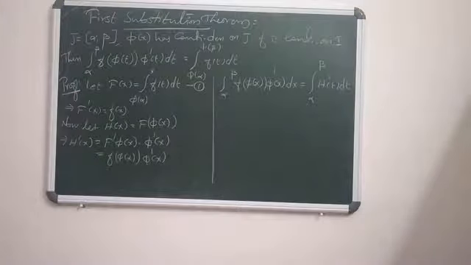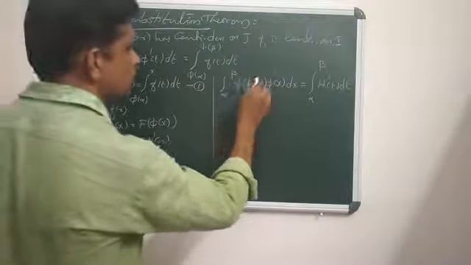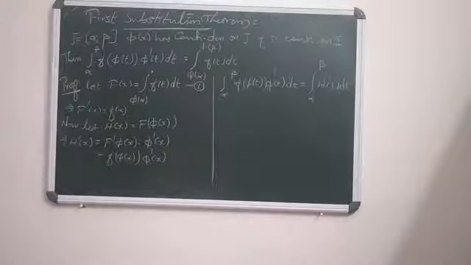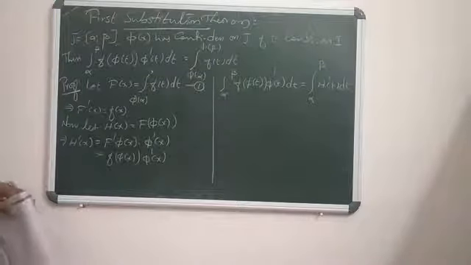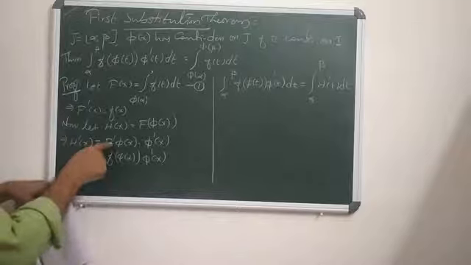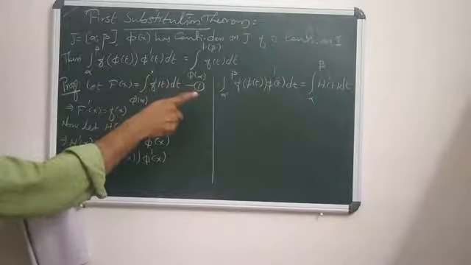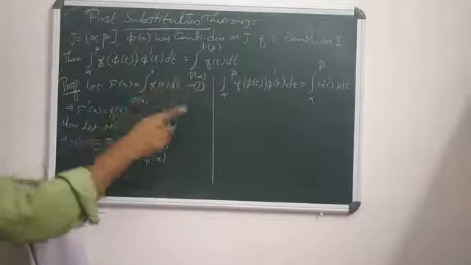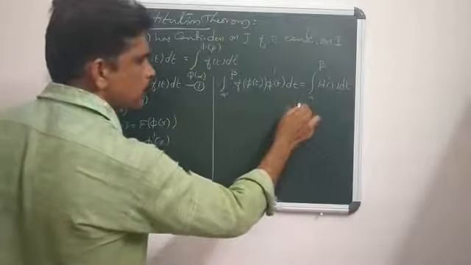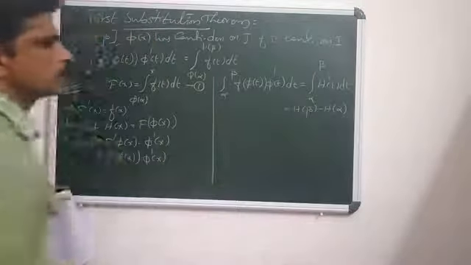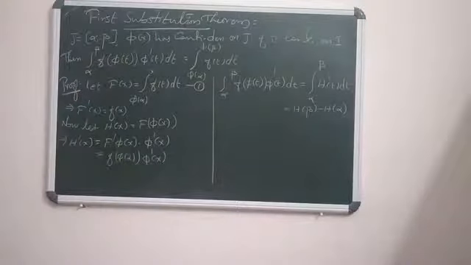The integral from alpha to beta of f of phi of t into phi dash t dt equals the integral from alpha to beta of h dash t dt. But what is h? Since by continuity h is a continuous function, by the fundamental theorem of calculus it is nothing but h of beta minus h of alpha.